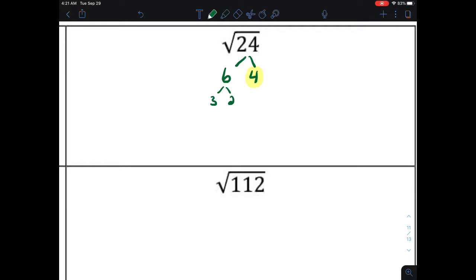So what that means is I can't simplify 6 as being a simplified square root. So all we're going to do is rewrite the square root of 24 as the square root of 4 times the square root of 6. We're going to take the square root of 4, which is 2. We've seen that in a couple of examples now. So it'll be 2 times the square root of 6. And that's our simplified form.